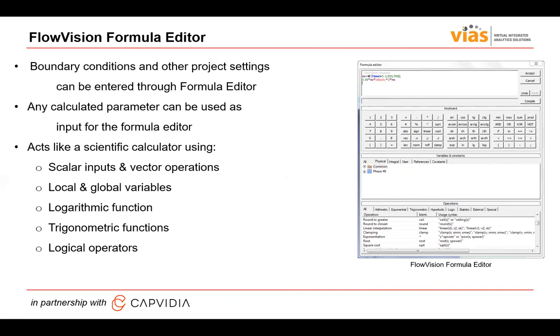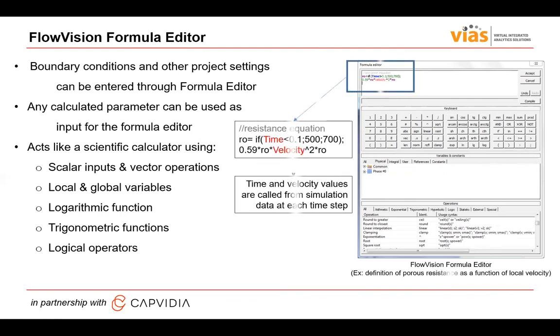You can use the logarithmic functions, you can use the trigonometric functions, sinusoidal equations, for example. And for me, the most important side is that you can use the logical operators. I think the most famous being the if conditioning.